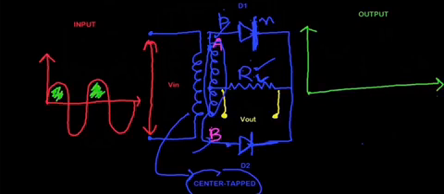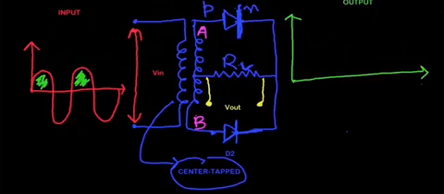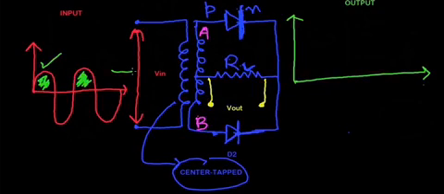So let's see how this diode and this arrangement will work. This positive one will enter our circuit. So when this enters, this is a positive one. On the secondary side, the A terminal will become the positive terminal and B will become the negative terminal.